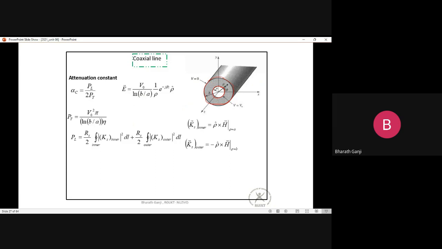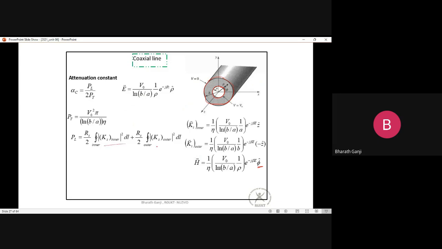With this, we have the expression for the magnetic field, because if you have the expression for the electric field, this is a transverse electromagnetic wave. Simply you divide it by eta and you write the correct direction, that is phi cap. So you can substitute and get the expressions for the surface currents, for the inner one and for the outer one.